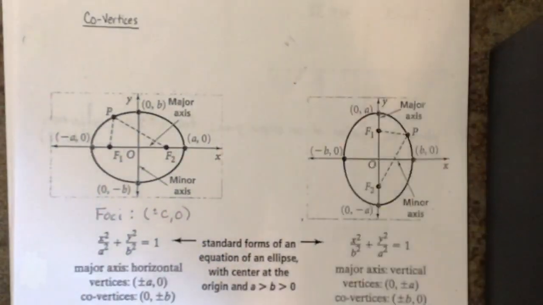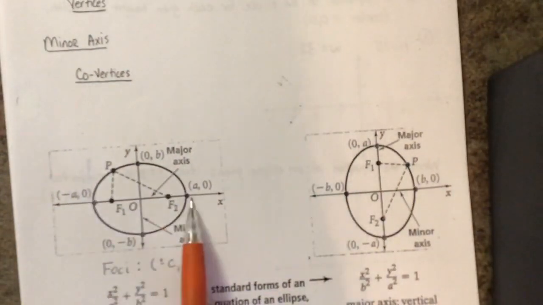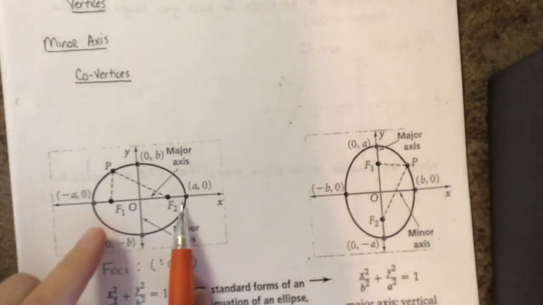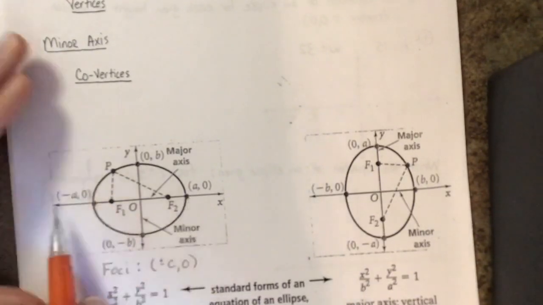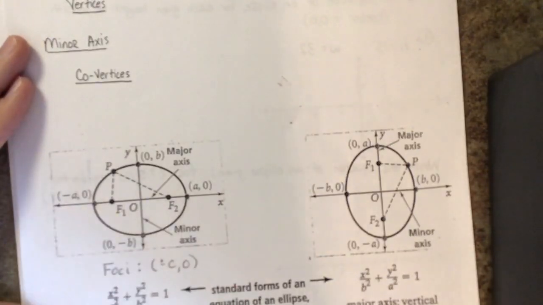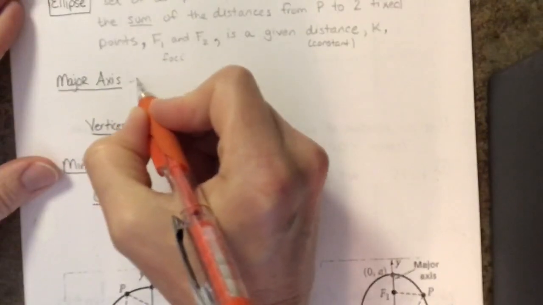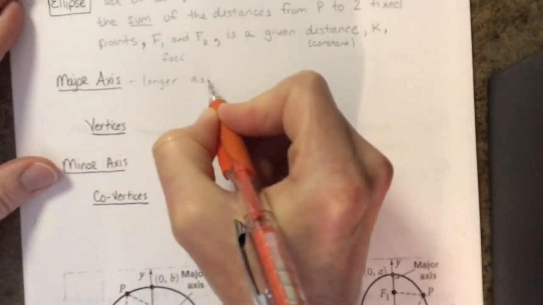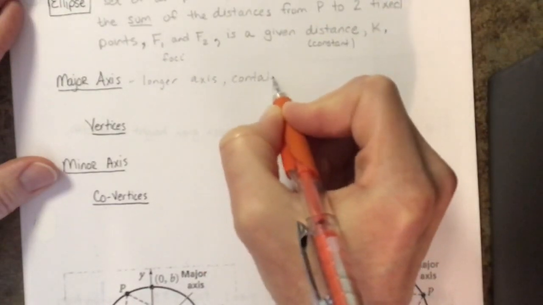All right, so here's what we've got. We have an ellipse here. It's not super elongated, all right? You've got what are called 2 endpoints. Those are on what's called the major axis, okay? So the major axis is the longer axis of the ellipse, and it contains the endpoints of the ellipse.